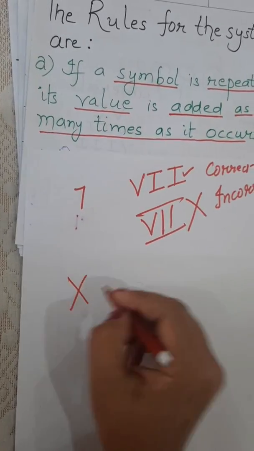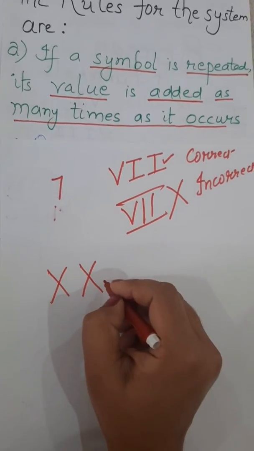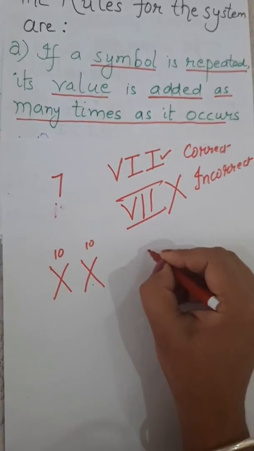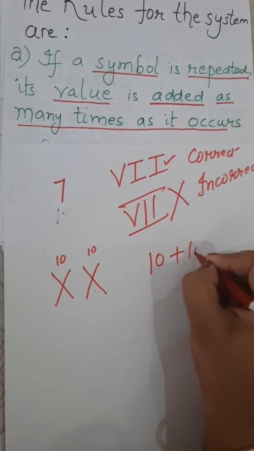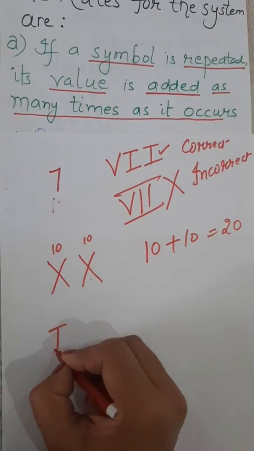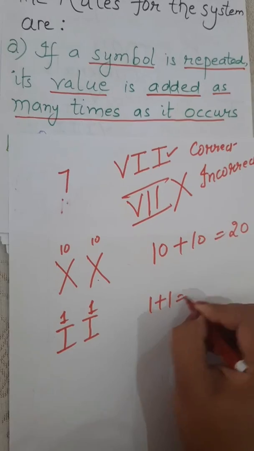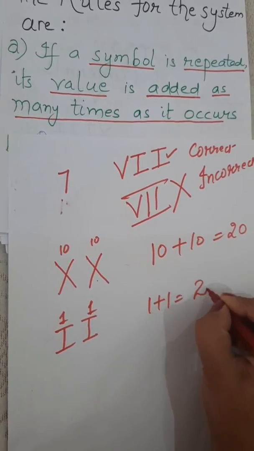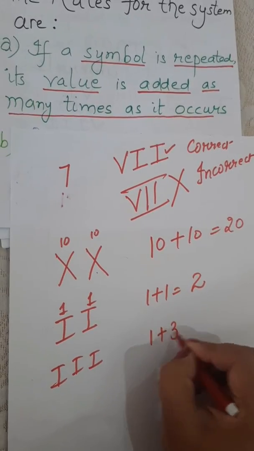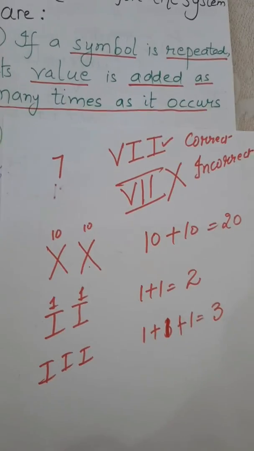If I am writing X twice, each X represents 10, so it will become 10 plus 10, which equals 20. Suppose we have I, 1 plus 1, repeated 2 times, so we will write II, which is 2. If it repeats 3 times, then I add 1 three times, so it equals 3.